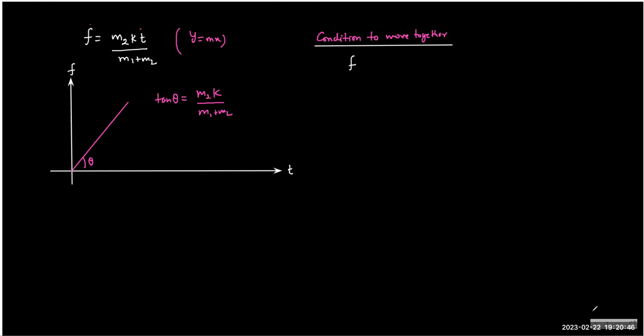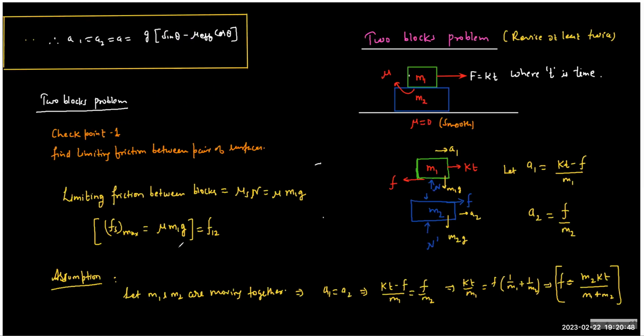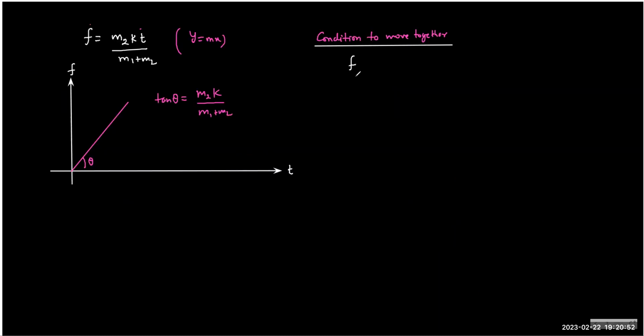And what is the friction which we have available here? So this is the need. We need this much friction for them to move together. And what is the available value? So the condition will be what? The friction you need for them to move together should be less than or equal to what is available.